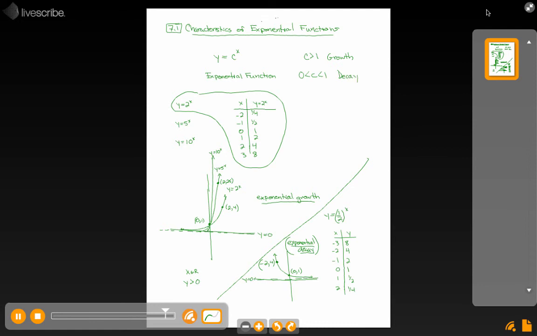We won't put in any negative numbers for C, because as you would see if you put in some values, you don't get a continuous graph at all. You just get a bunch of points all over the place. And we won't put in 1 for C, because 1 to the power of anything equals 1, and so you have a horizontal line, which is not particularly interesting and isn't really an exponential function. So exponential functions consist of growth and decay. We'll look into them some more.